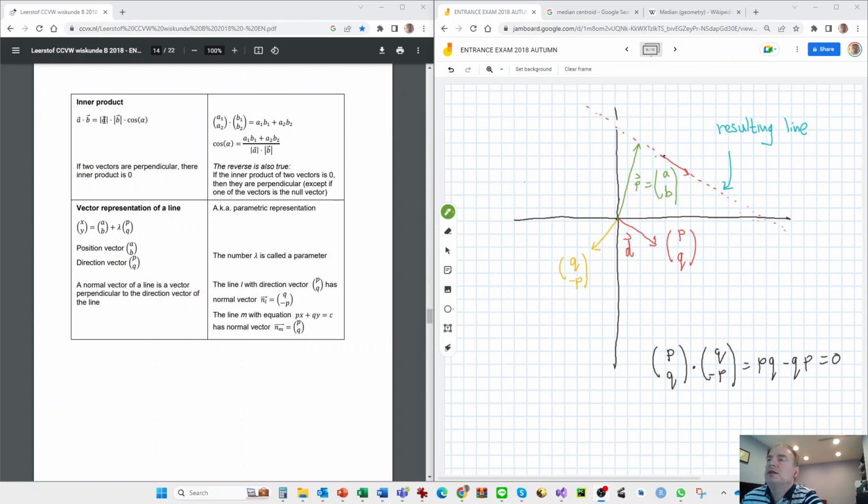If I know the inner product, I just divide by the norms, then I can find the cosine of the angle. And in particular, if two vectors are perpendicular, it means alpha is 90 and the cosine of 90 is 0, so the inner product is 0. So if two vectors are perpendicular, their inner product is 0 and vice versa. This is pretty important.